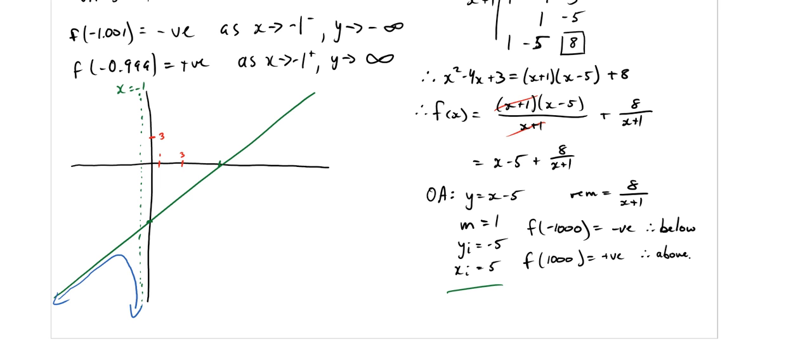Same thing looking at the other two statements. As x approaches -1 from the right, y goes to positive infinity. So that fits how I'm visualizing this graph. And right here, as x goes to positive 1,000, it's above the oblique asymptote. And I've got to go through those intercepts, so this is going to be a little bit tricky, but I'm going to come down like this. That wasn't very good, but I think maybe my scale's off a little bit, and it was hard to get it to approach.